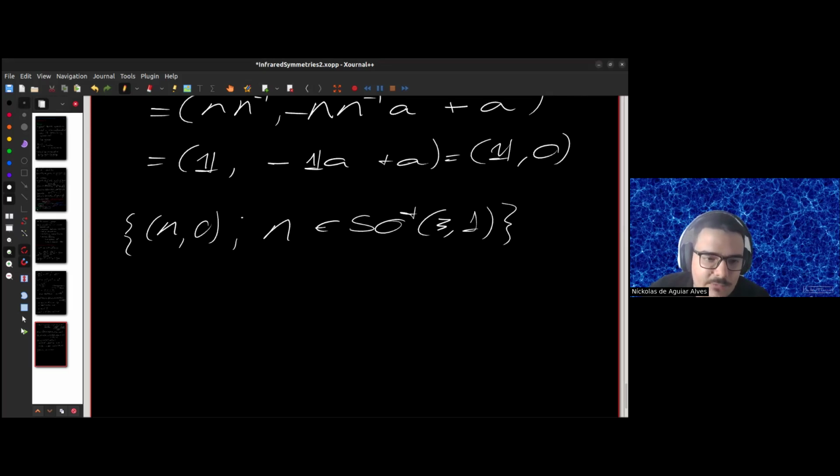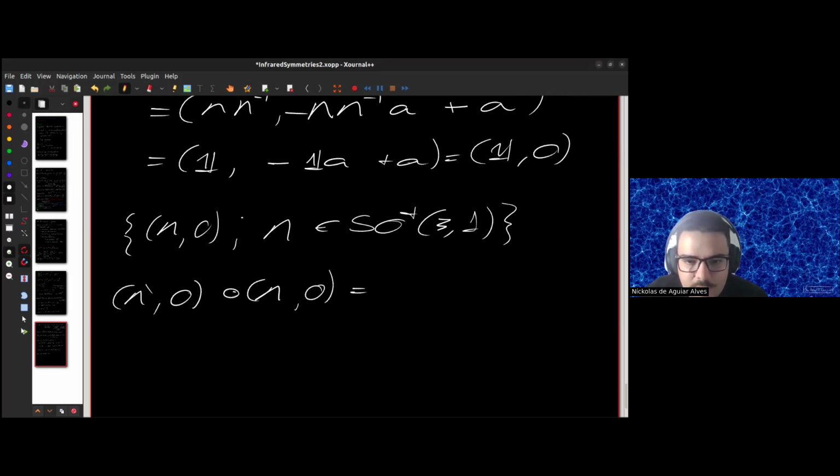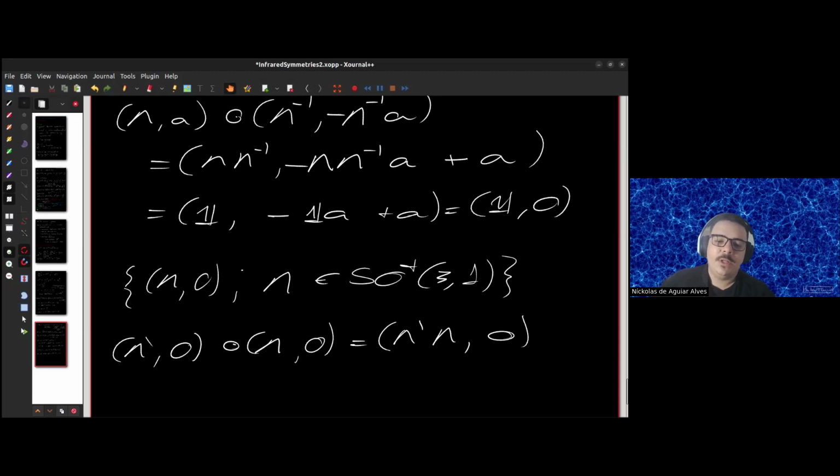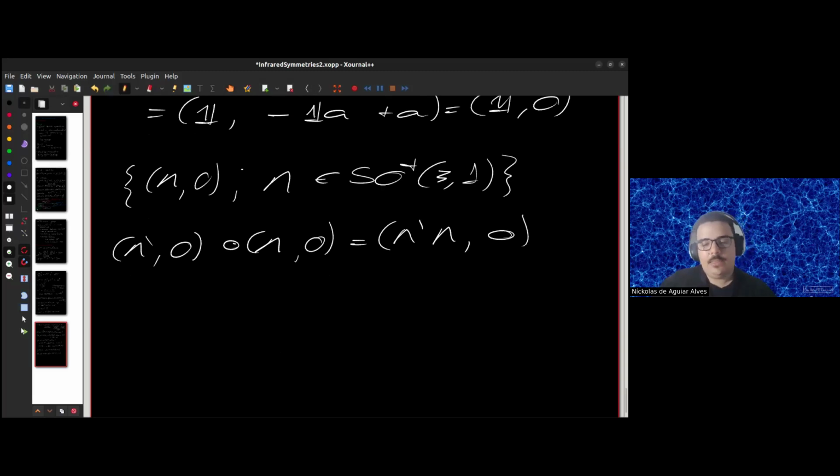And using that composition rule for the Poincare group, you can check that if you take two Lorentz matrices, both considered as Poincare group elements of this form, they're going to have lambda prime lambda, and this is going to be 0 because both A's are 0. So this is indeed just a copy of the Lorentz group. This subgroup is isomorphic to the Lorentz group.